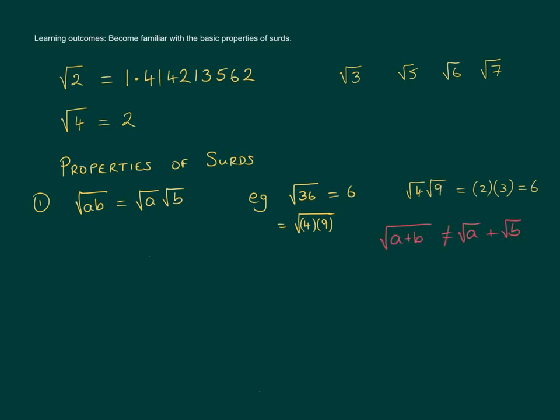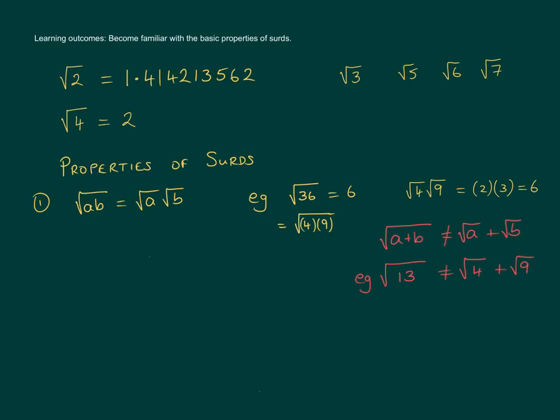Now, a pitfall to avoid at all costs is never say that the square root of a plus b is the same as the square root of a plus the square root of b, because it isn't. Because, let's take an example, let's say the square root of 13. We know that 13 is 4 plus 9, but the square root of 13 is not equal to the square root of 4 plus the square root of 9.